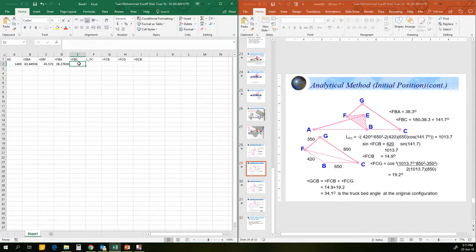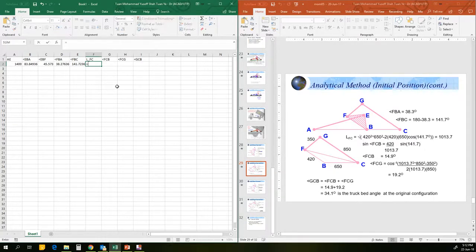FCB is basically equal to 180 minus FBA, which is 141.7. Now the length LFC is basically a square root of the rest of the expression.